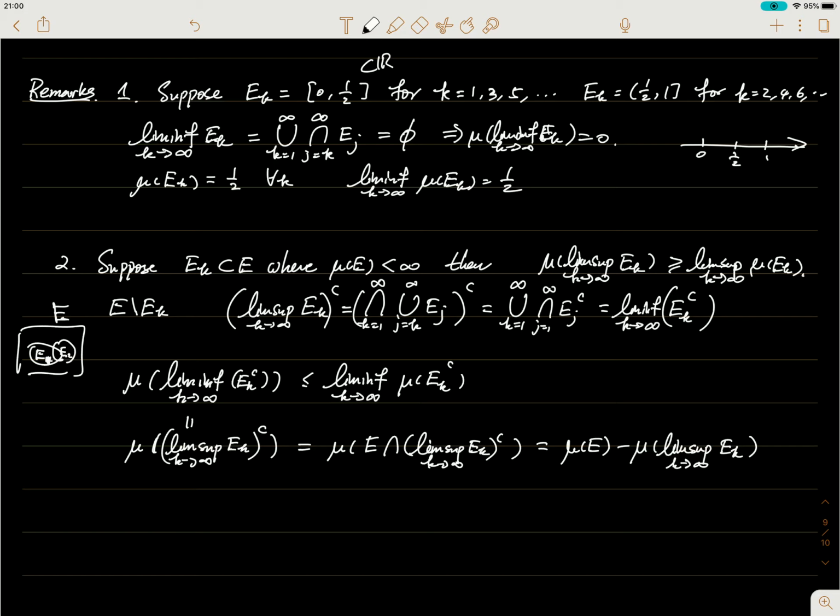And on the other side, we have shown that this is equal to the lim inf of mu of E minus mu of Ek, right? So now see that this lim inf is just equal to the mu of E plus the lim inf of the negative mu of Ek, which just becomes minus the lim sup of mu of Ek.